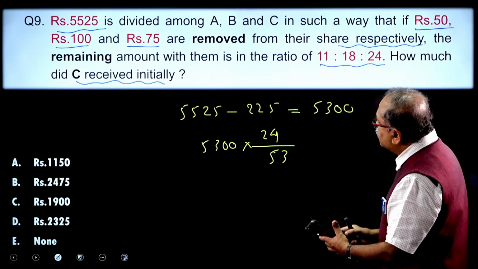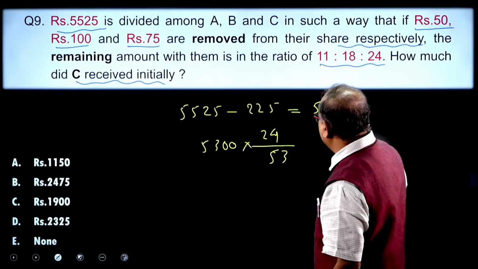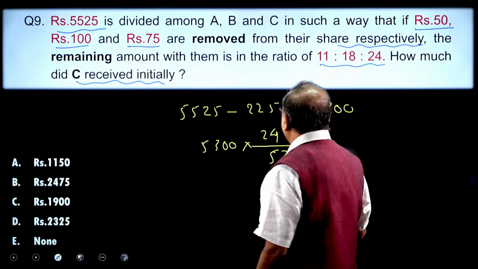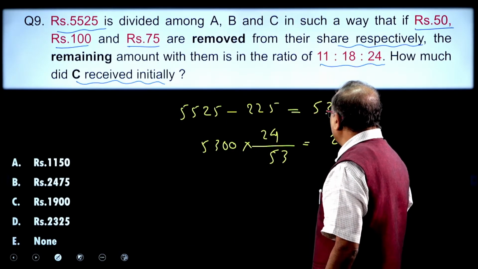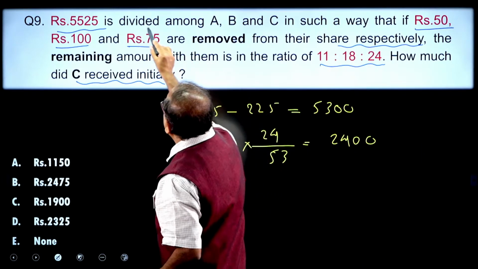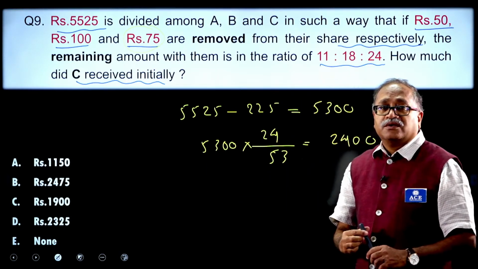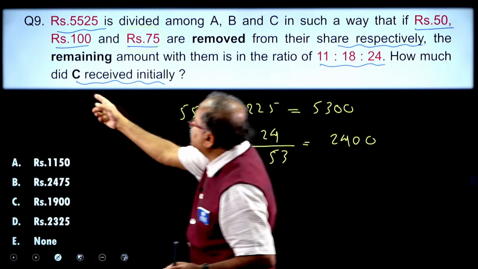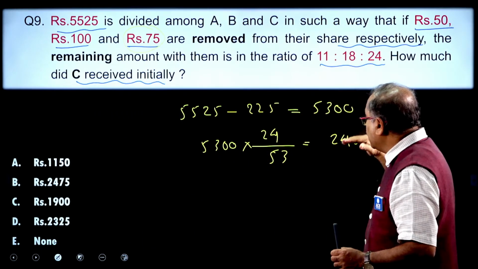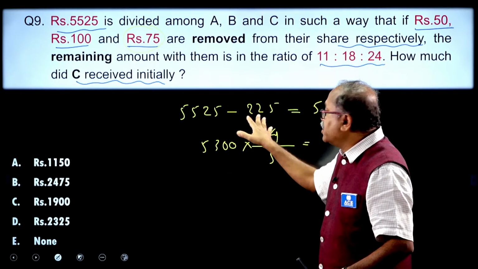Is that the value? 1 minute, 5300, that is correct, and I need the last person. So, here I am getting how much? That is 2400, but this 2400 is after subtracting this 75 rupees for C. So, when the question asks for the initial money of C, the initial money of C is not 2400, but 2400 plus 75, which I have taken out from here.